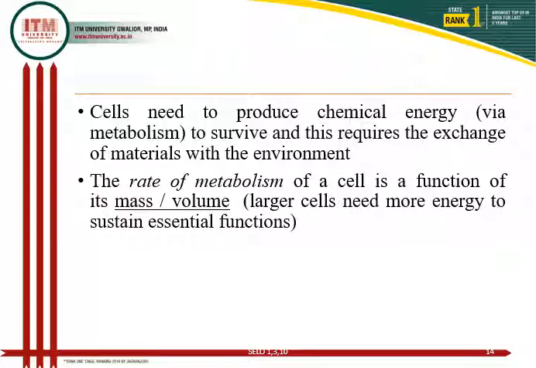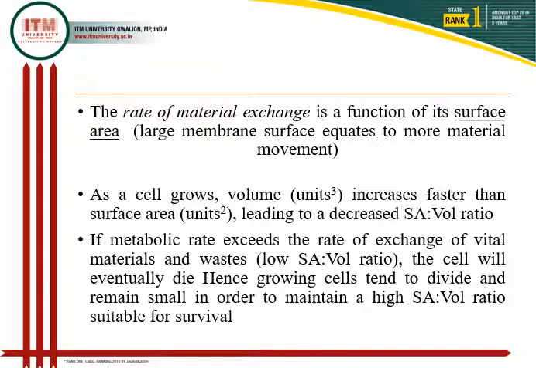Exchange of material is also a factor, and these two things must counterbalance each other. The rate of material exchange is a function of surface area. If we have more area, that equates to more material movement.